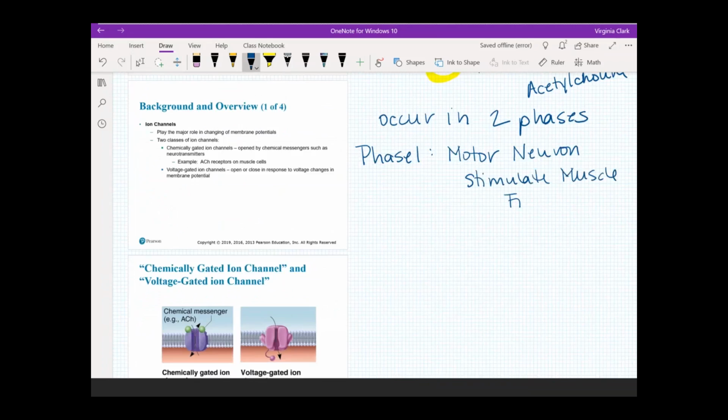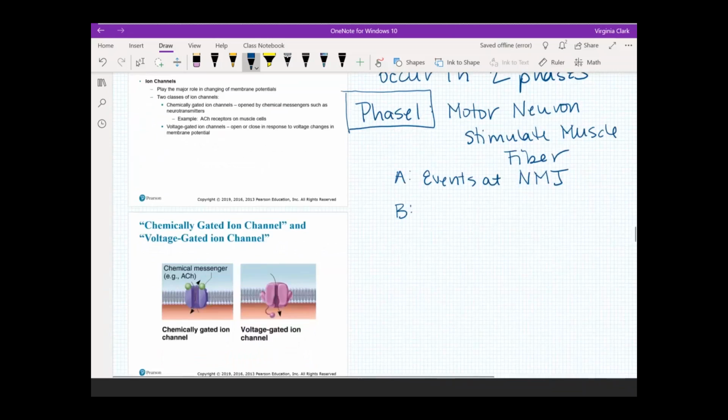So this first phase 1, we're going to have the motor neuron stimulate the muscle fiber. This is going to have a part A and a part B. So the first part A is going to be the events at the neuromuscular junction. We're going to talk about that one.